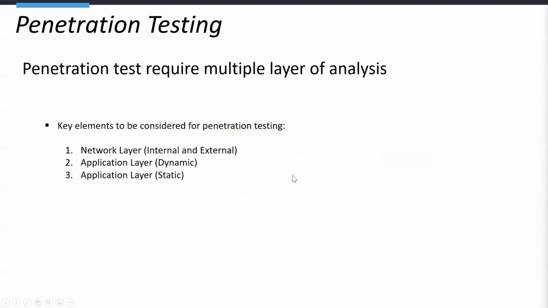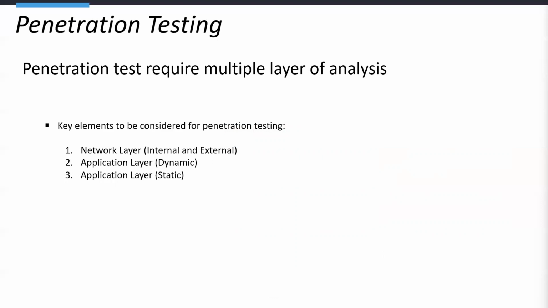Next, penetration test requirements involve multiple layers of analysis. Taking a multi-layered approach to penetration testing is often overlooked, so there are some key elements and actions to consider.